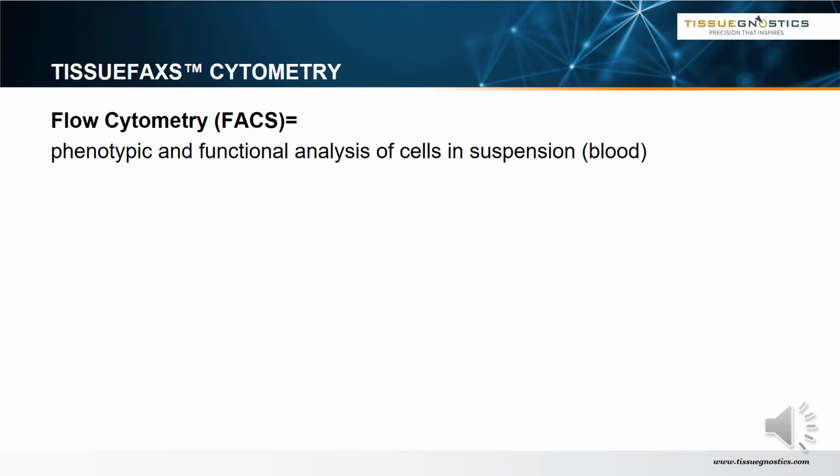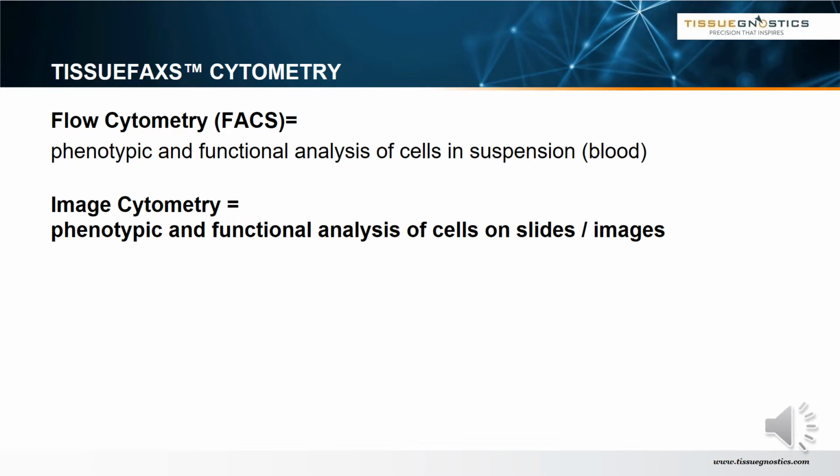In order to analyze tissue sections and cells in tissue sections, we need to apply image cytometry. It is the same idea as in flow cytometry, and it also offers a phenotypic and functional analysis of cells, but here the cells are on slides in tissue sections, or in cell culture monolayers.